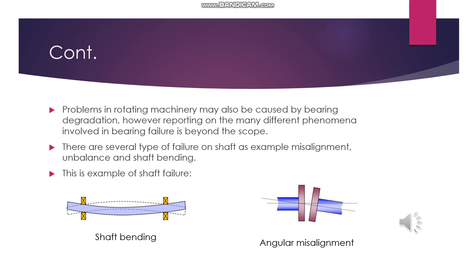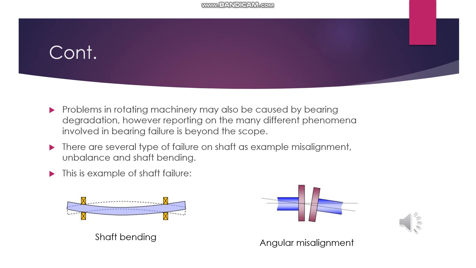The next point is there are several types of failure on shaft, for example misalignment, unbalance, and shaft bending. Misalignment is the condition when the geometric center line of two coupled shafts is not collinear along the rotation axis.